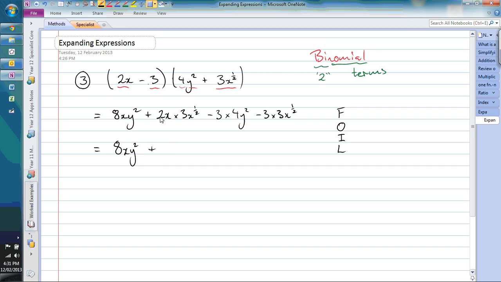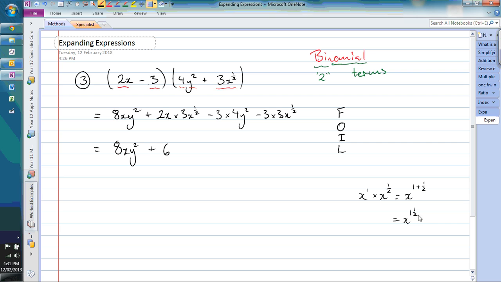Alright, let's have a look here. Now, multiplication tells me I can change the order, so I can do 2 times 3 first. 2 times 3 is 6. And I'm going to have an x times an x to the half. Now, what does my index law number 1 say? When I've got two things that are the same base multiplied together, but this is a 1 even though I don't write it there, the law tells me that I can add these two powers together. So I get x to the power of 1 plus a half, or x to the power of 1 and a half.